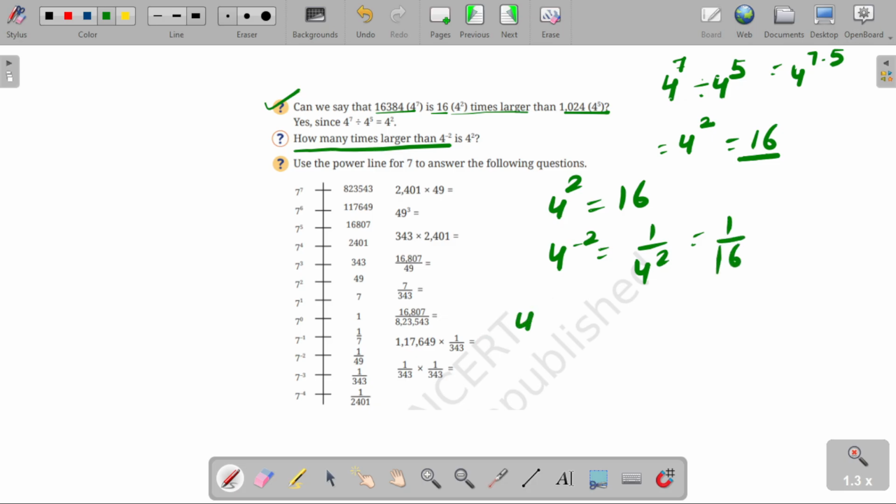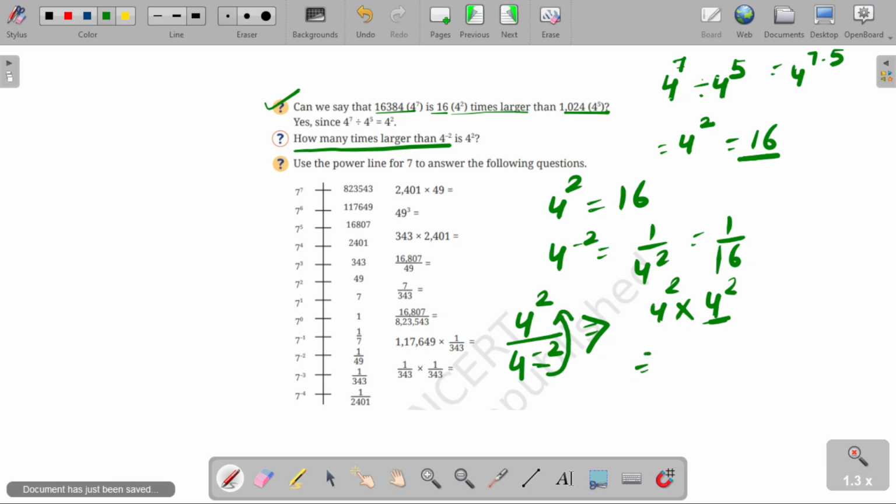So let's see. 4 to the 2 upon 4 to the minus 2, which is leading us to 4 square into 4 square. Why have I written 4 square? Because the negative we have, I'm taking it into the numerator and it will change the sign. It will lead us to 2 plus 2, that is 4 raised to 4, that is 256.